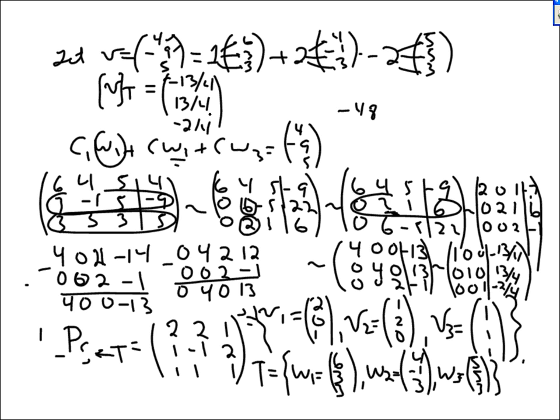Negative 48 plus 52, negative 78 plus 52 minus 10, and this is all over 4.